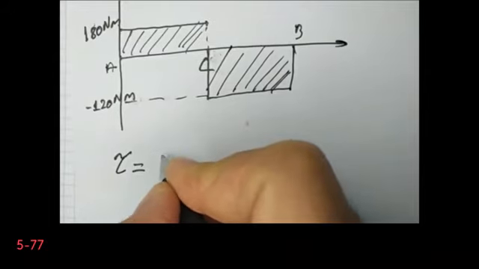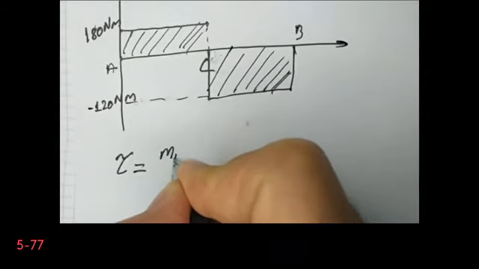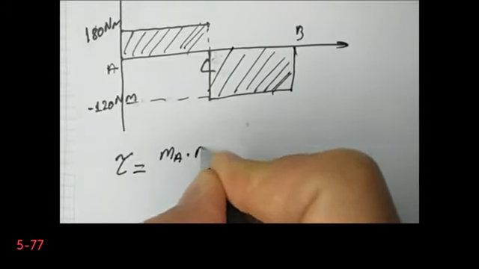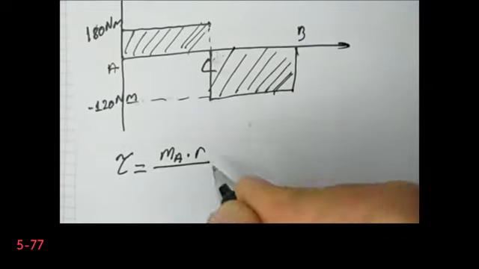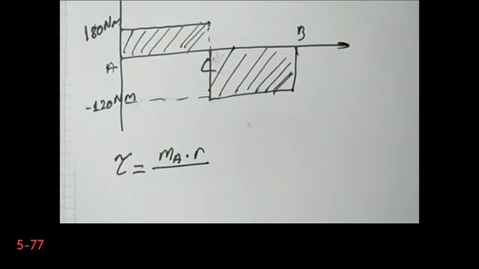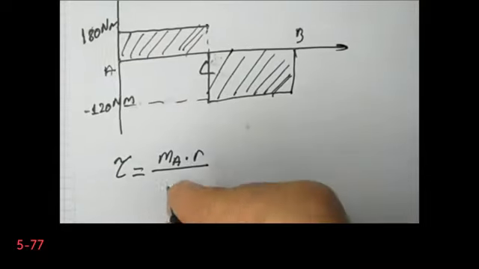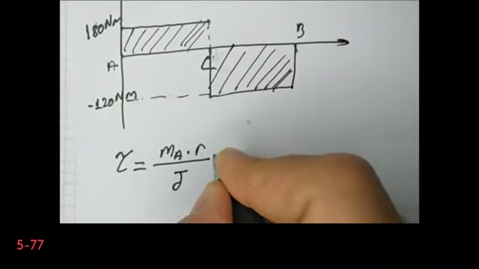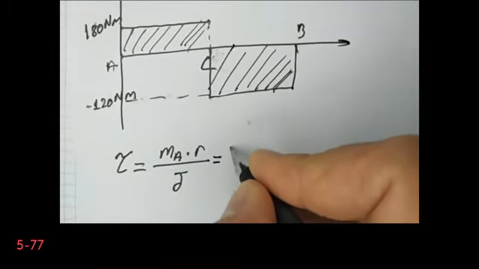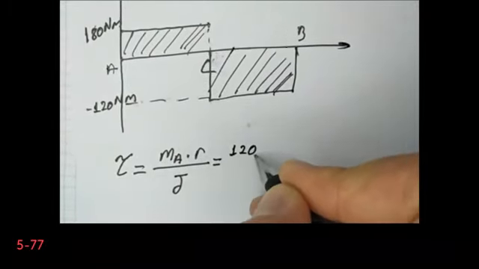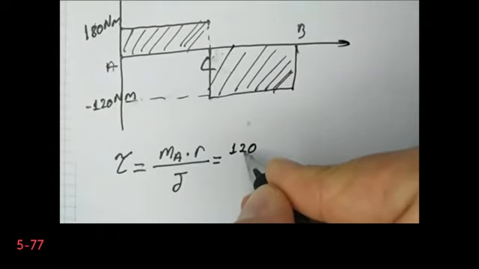Tau is equal to MA multiplied by R divided by J. MA is equal to 180.